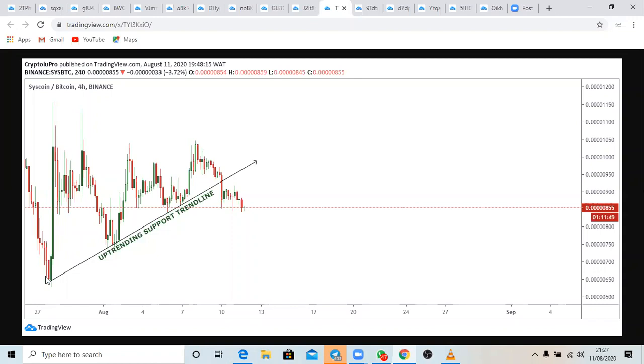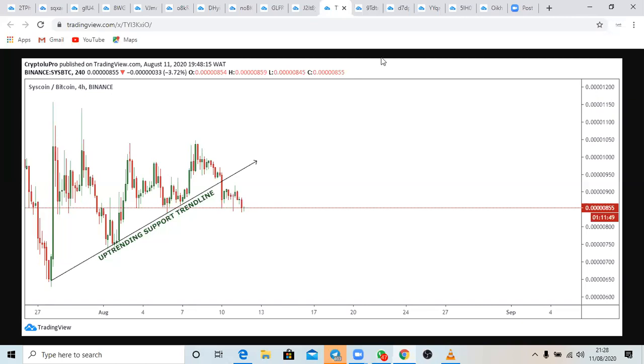So we had a first touch here, a second touch here, a third touch here before price broke down. But as you can see in this one, when price broke below this trend line here, we didn't have a retest, and we might still have a retest. I'm not sure yet, but for now, we don't see any sign of a retest.